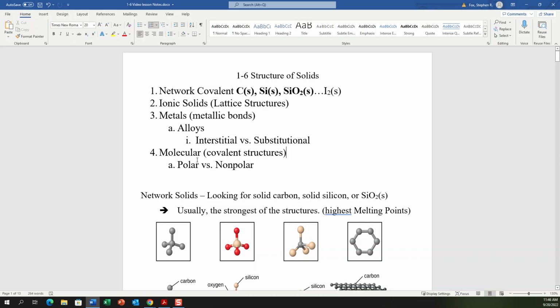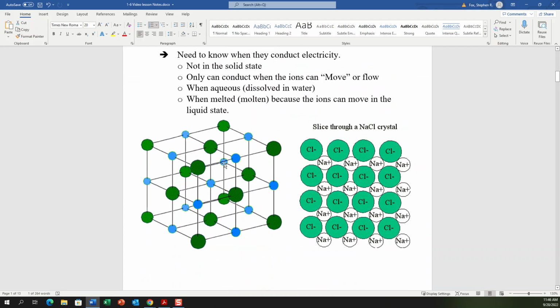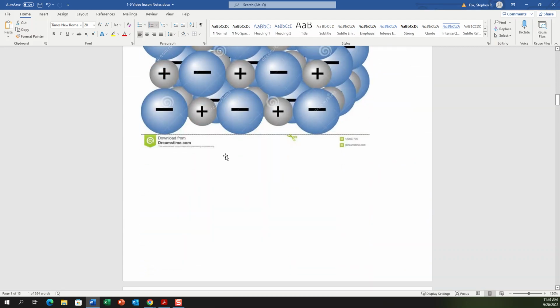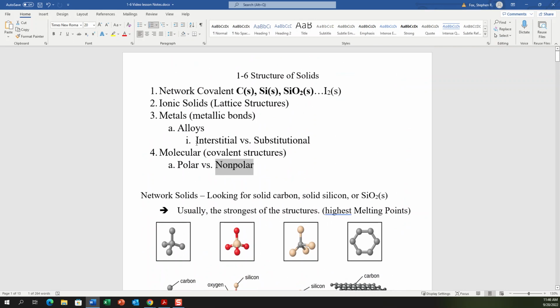If they're polar, they would be water soluble. So if we're talking about a big organic compound and it's just a hydrocarbon, then that would be nonpolar. It wouldn't dissolve in water. But if we're talking about sugar, which has functional groups and stuff, or an alcohol or something like that, that would dissolve in water, but the resulting solution would not conduct electricity because the resulting solution wouldn't have ions flowing in it.